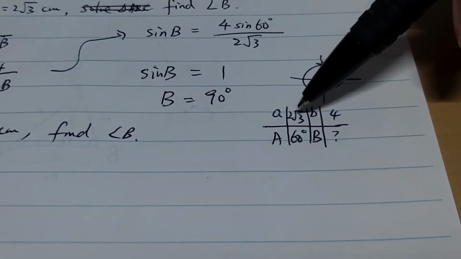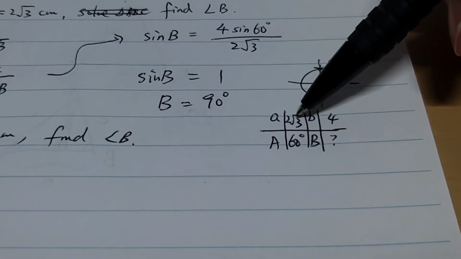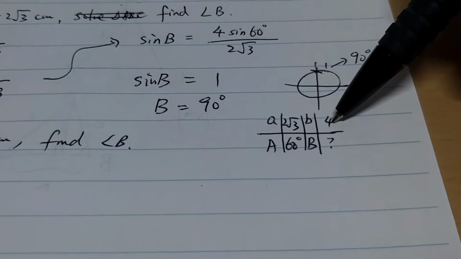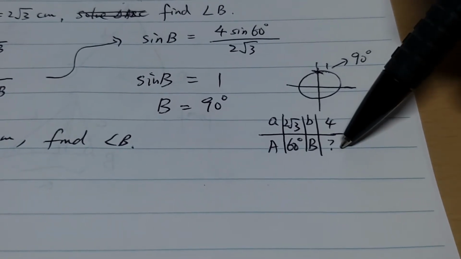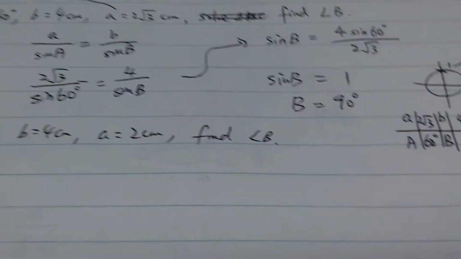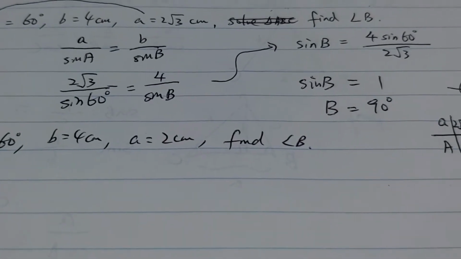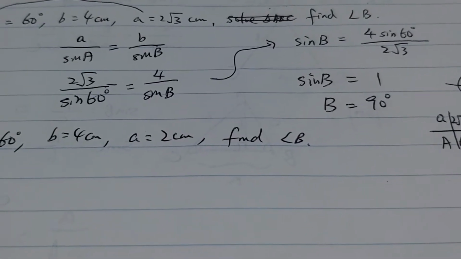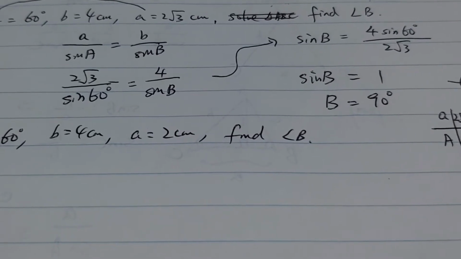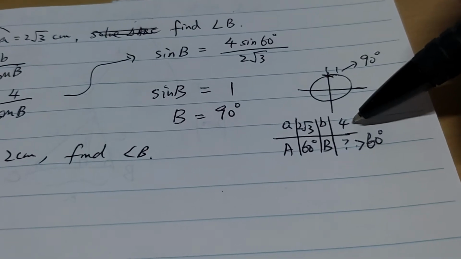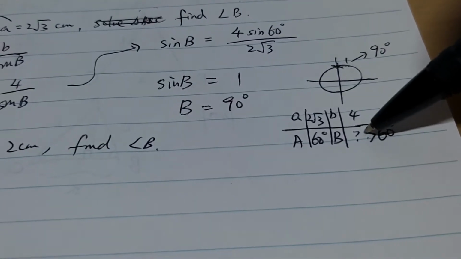So for a smaller side, we can have a smaller angle. For a bigger side, it should be a bigger angle. So this angle must be greater than 60 degrees because the corresponding side to this angle is 4, which is longer. So this angle must be bigger.